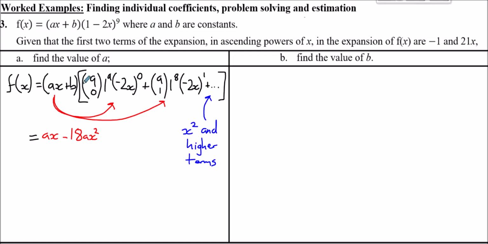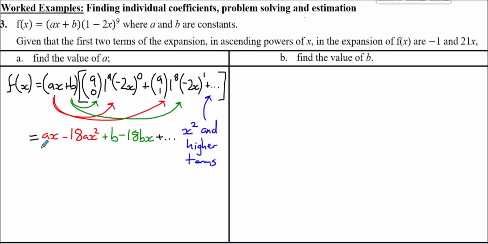Then we multiply the b by what we had before. And so b times 1 is just b. Then finally b multiplied by -18x is going to give us -18bx. And obviously the expansion will continue after, but we don't need to worry about that anymore.